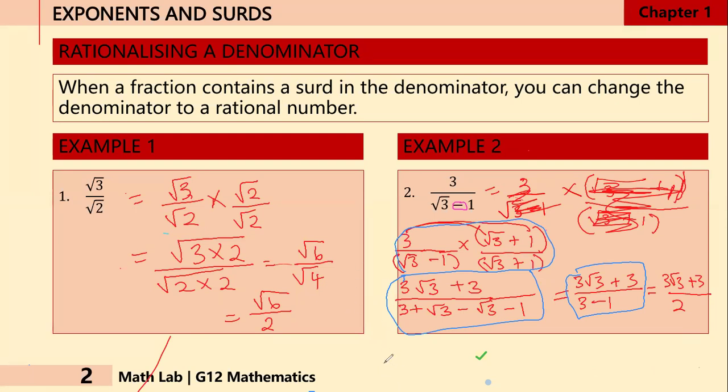All right, let me just clarify something. If it was 3 over root 3 plus 1, when we rationalize, it was going to be 3 over square root of 3 plus 1 multiplied by root 3 minus 1 over root 3 minus 1.